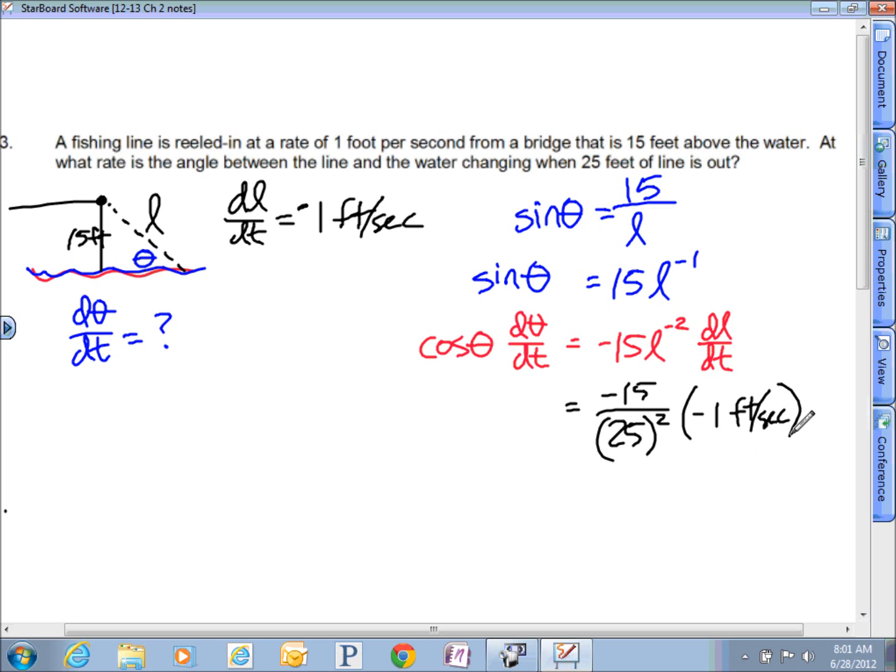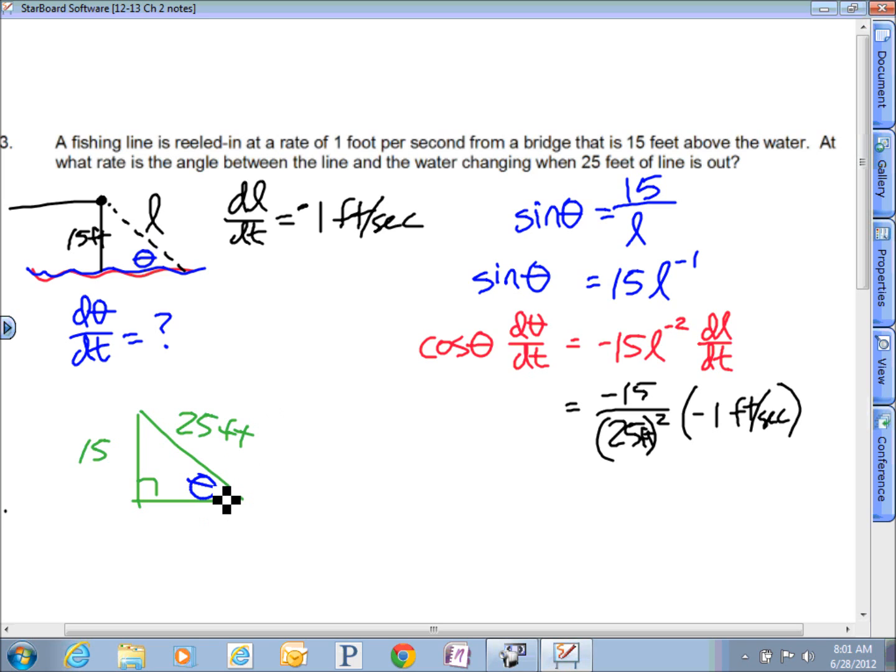Then this is now square feet down there on the bottom. And over on this side, what are we going to do with cosine of theta? Well, we could look at our picture. The bridge is 15 feet above the water, and L was given to be 25 feet, and we've got a theta in there.